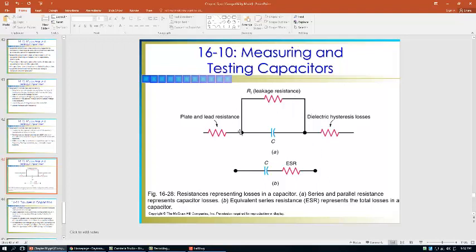Instead of doing all this, we can always represent this capacitor with an equivalent series resistance. This is just a graphical representation, just to have an idea of how the capacitor leaks.